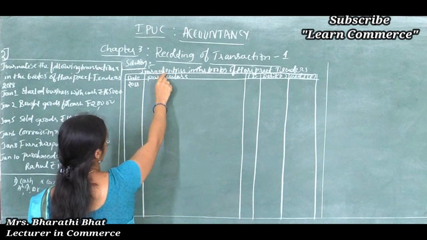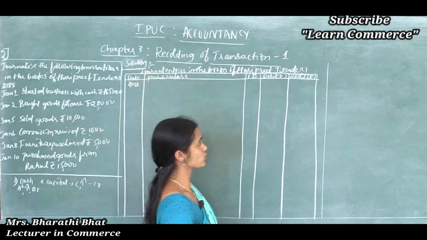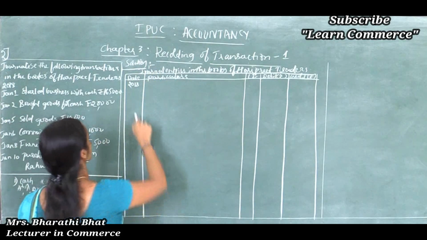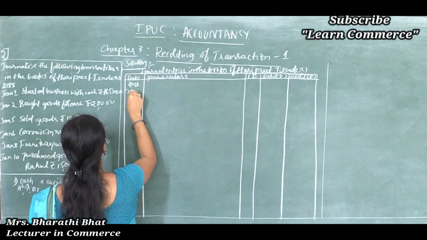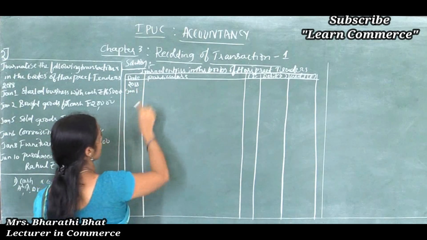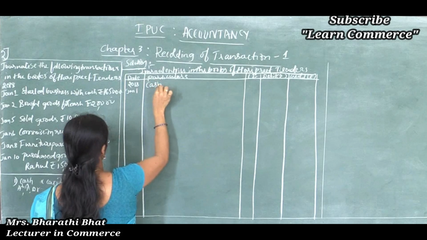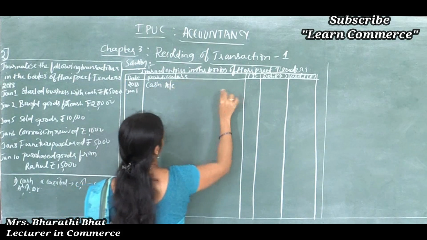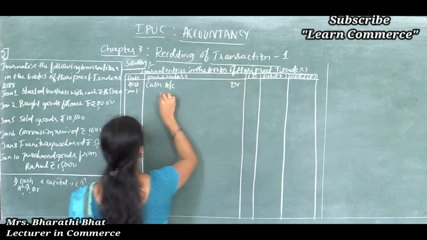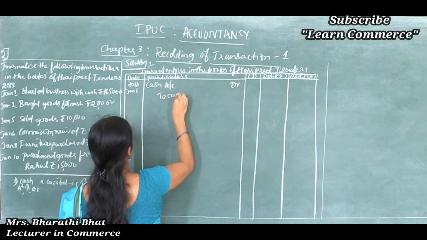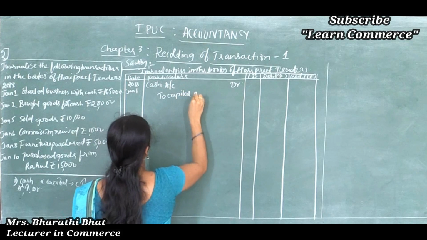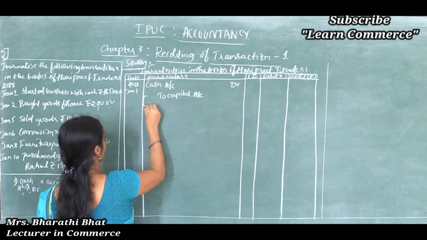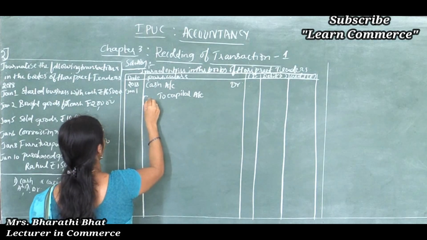And the heading like this: Journal entries in the books of Haripreet Traders, who is the owner of the business, Haripreet. So 2018 January 1st, started business with cash. Cash increases, so cash account debited to capital account. How can we write the narration here?